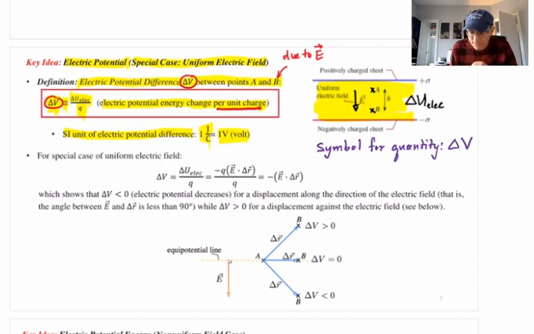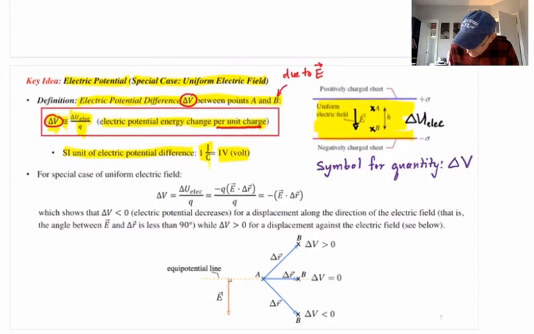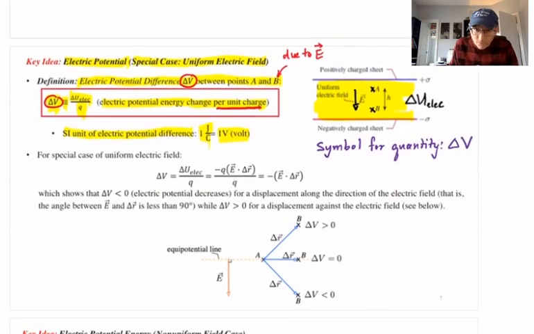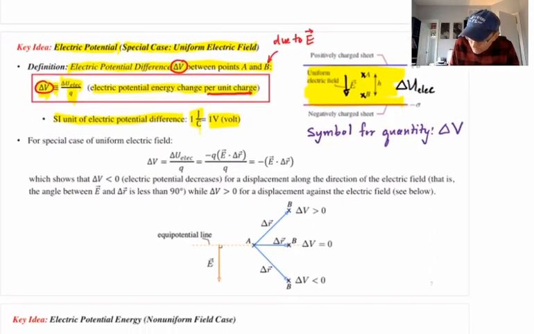If you look carefully at those symbols I've got circled in red, the delta V, the V is italicized, called potential difference. The symbol for the unit of this new quantity is just a V, nothing else.